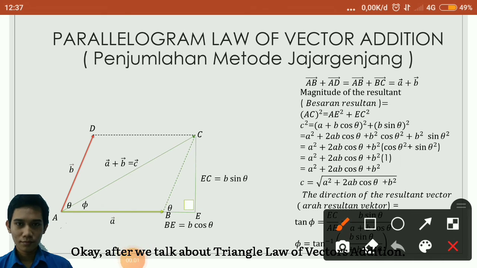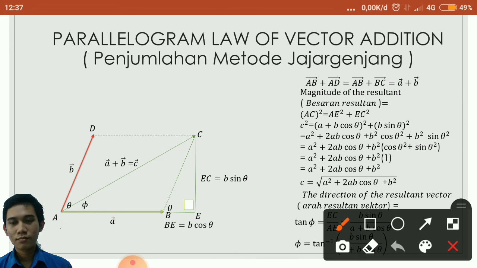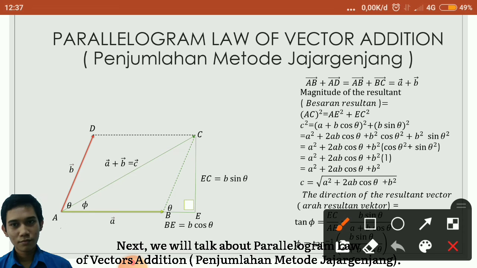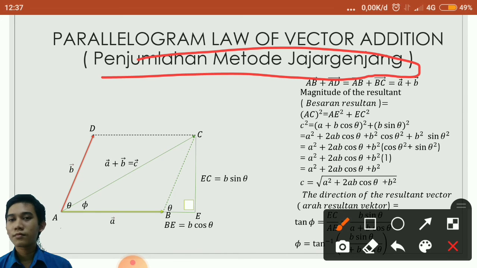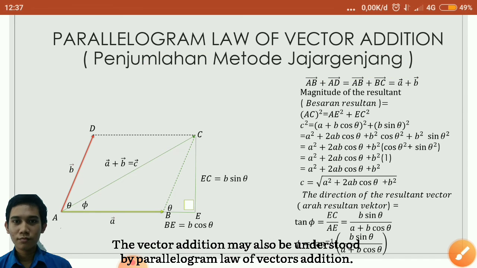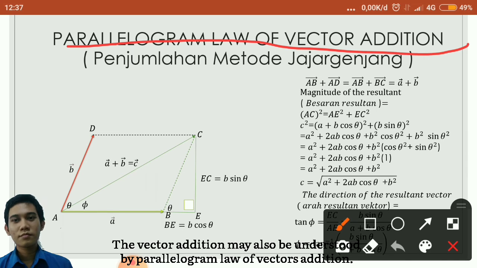Okay, that is the triangle law of vector addition, or penjumlahan metode segitiga. Next, we'll talk about the parallelogram law of vector addition, or penjumlahan metode jajar genjang. The vector addition may also be understood by the parallelogram law of vector addition.